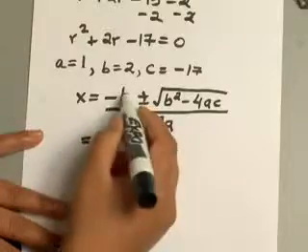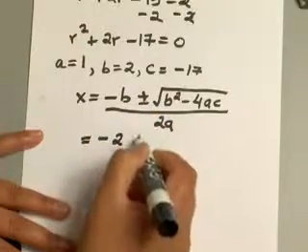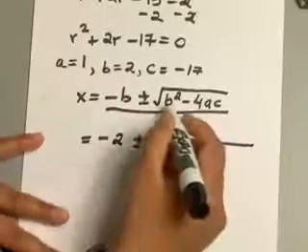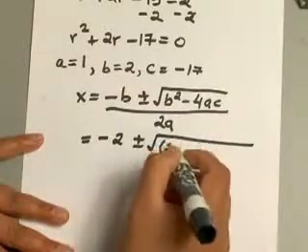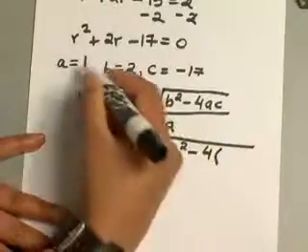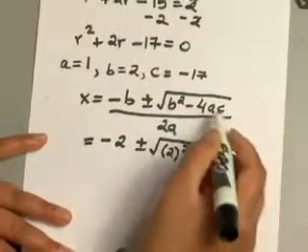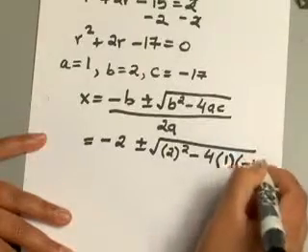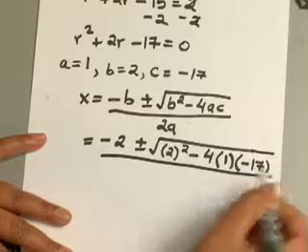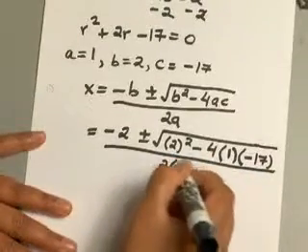You have negative b, this time a positive 2, plus or minus, inside the radical you have b squared, which will be 2 squared, minus 4a, a being 1, and c being negative 17. And put this thing over 2 times 1.